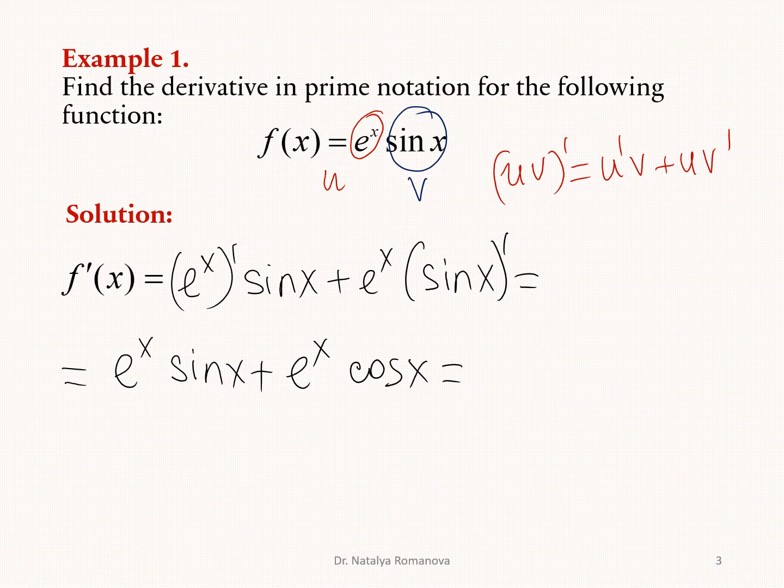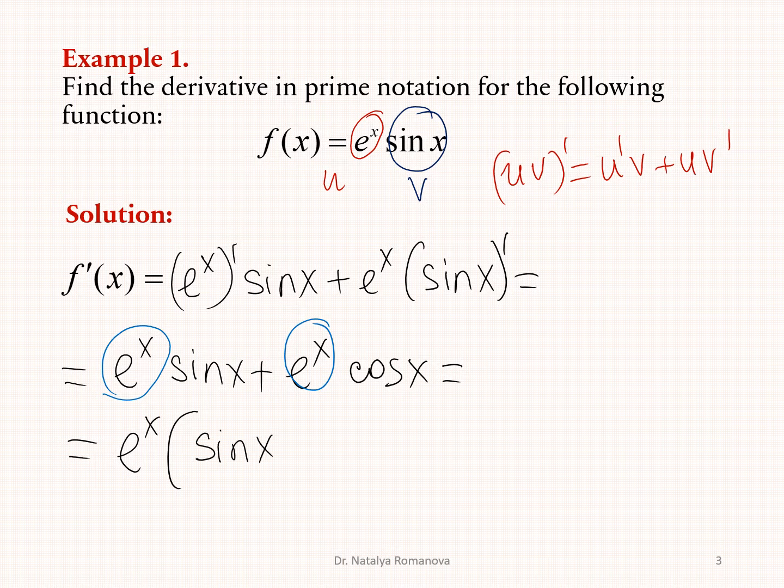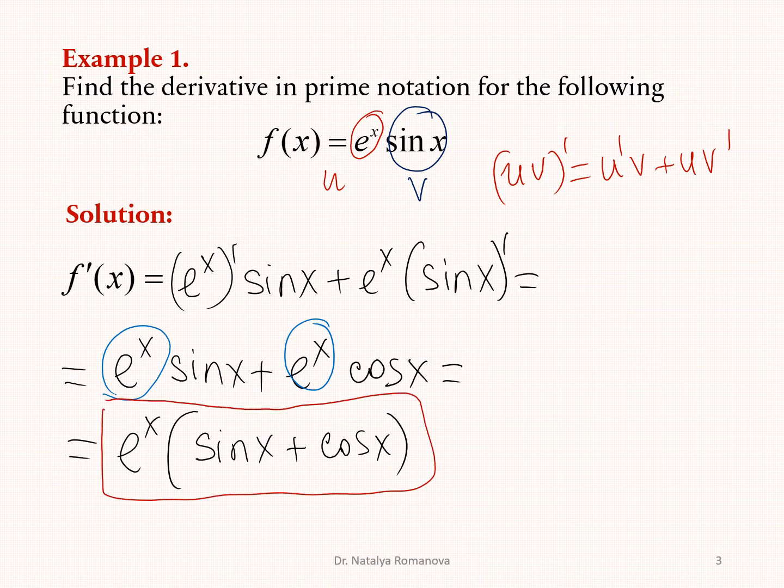We have a common factor e to the x, so we can simplify our answer a little bit. It would be e to the x, open parenthesis, sine x plus cosine x. It is the derivative of our given function.